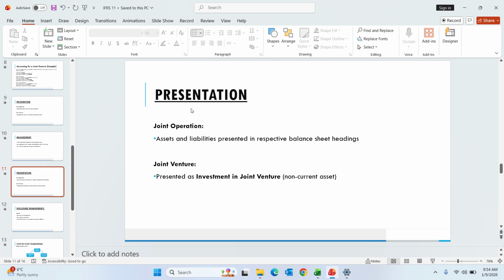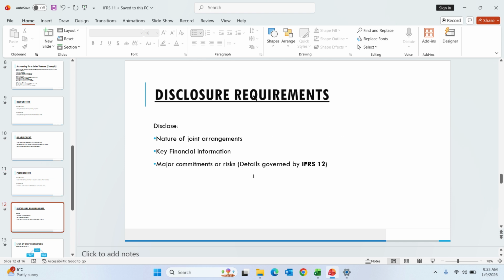Presentation: joint operations present items under their respective headings, for example, cash, property, plant, and equipment, whereas joint ventures are presented as investment in joint venture under non-current assets. What are the disclosure requirements? Companies must disclose the nature of joint arrangements, key financial information, major commitments, and risks, which are governed by IFRS 12.